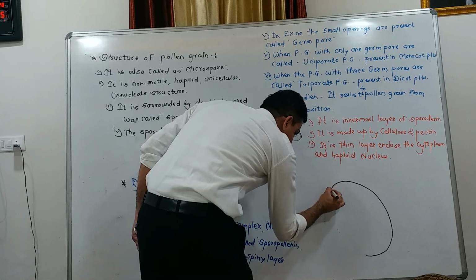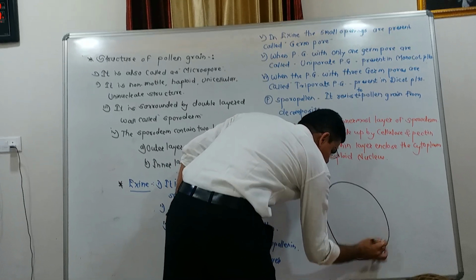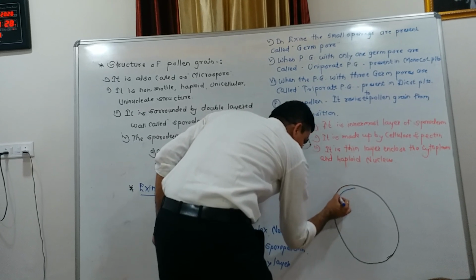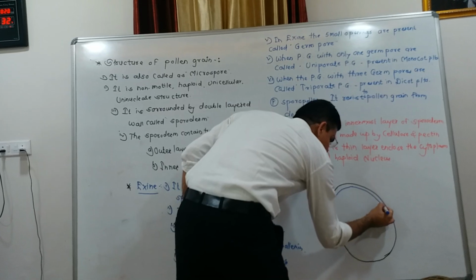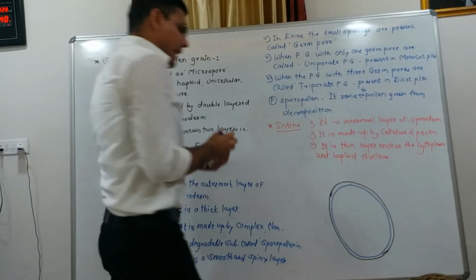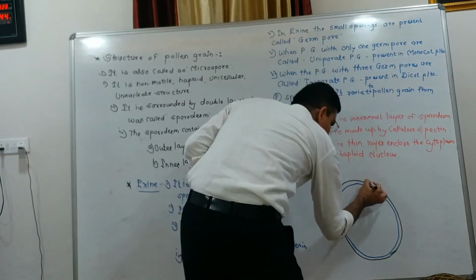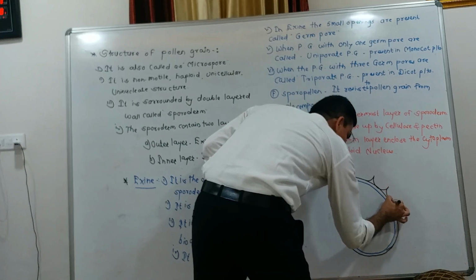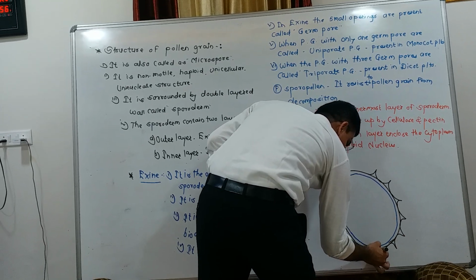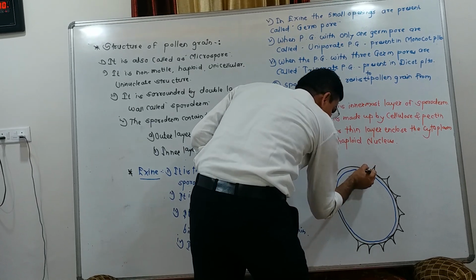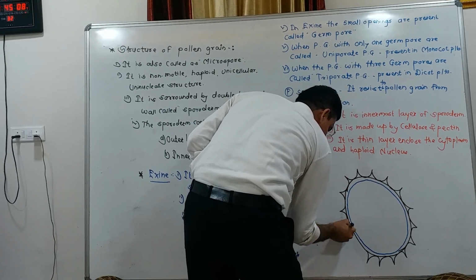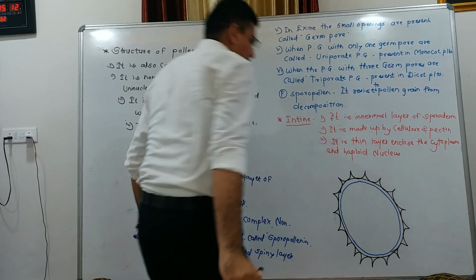The outer layer is a smooth and spiny layer.